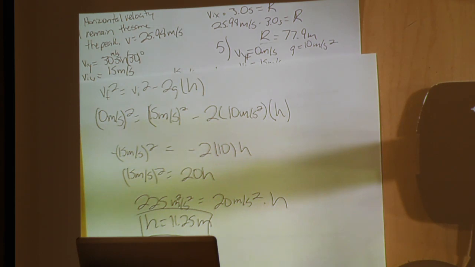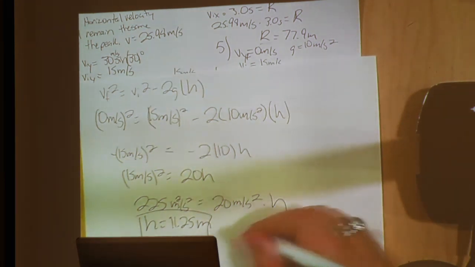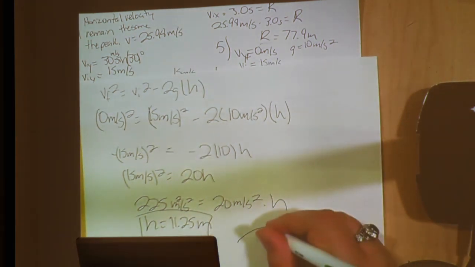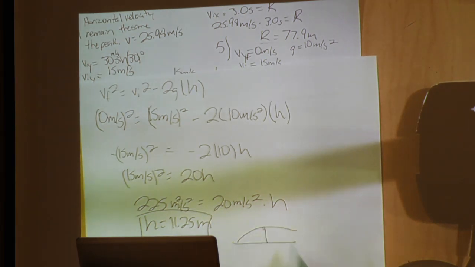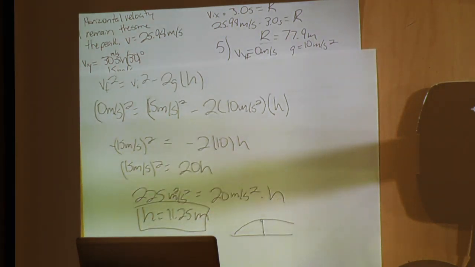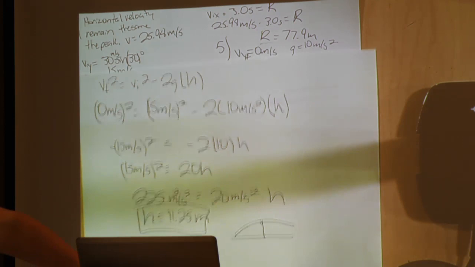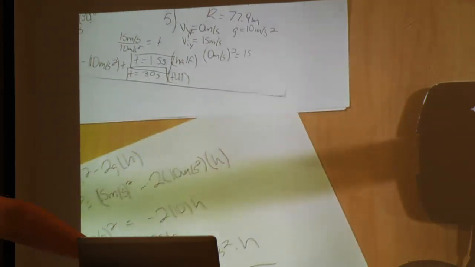So it should be 11.25, and that's basically the distance in our picture from here to here. Right, okay. All right, I'm gonna go ahead and go to number 2 if nobody has any questions. If at the end you wanna snag a picture of anything, or if you need me to stop or slow down, just let me know.